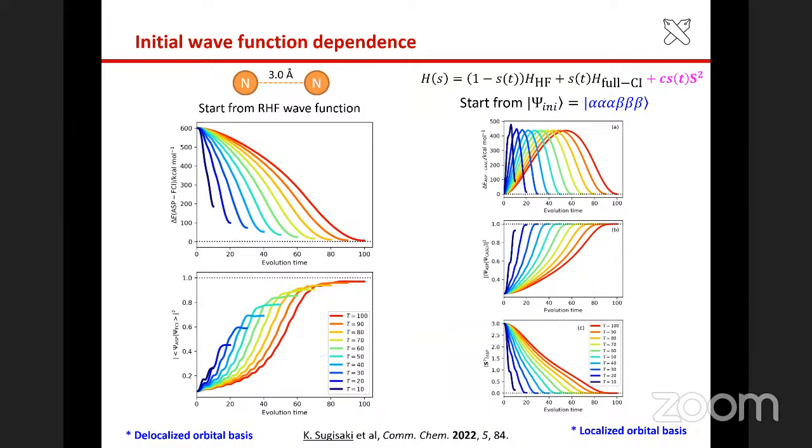But basically, this extra operator has no effect on the singlet state because its eigenvalue is 0. So the penalty operator just raises the energy of the other spin states. So we don't have to eliminate the penalty term at the end of the adiabatic state preparation. Of course, we can eliminate it, but it is not necessary.